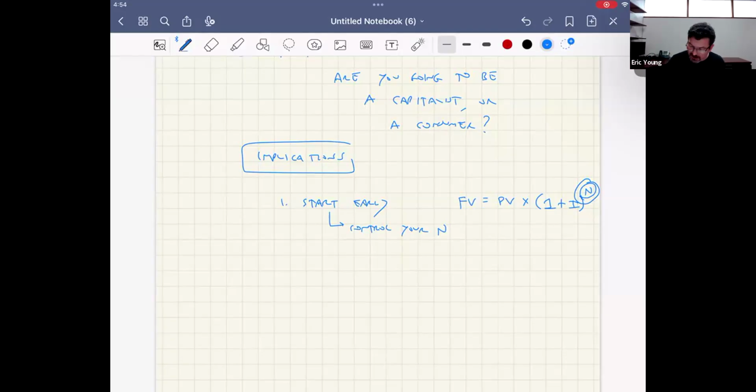So start early. In order to invest, you're going to need to save money. You need cash to invest. And this implies that in order to invest and in order to make time work for you, you need, starting now, to live below your means.